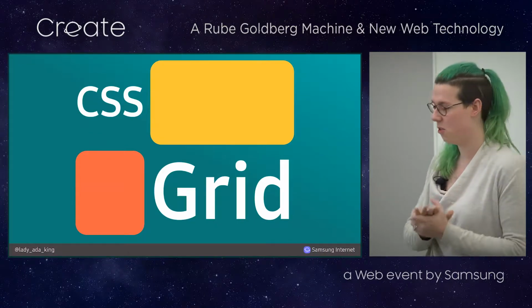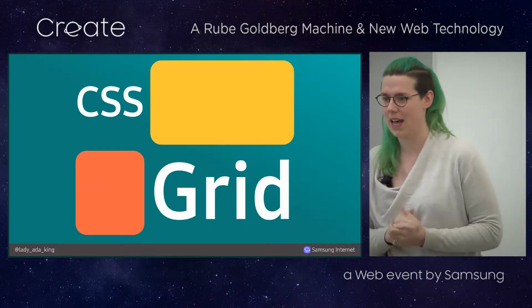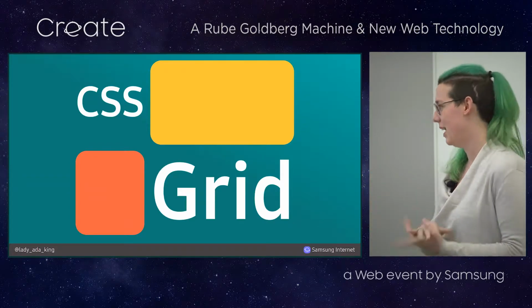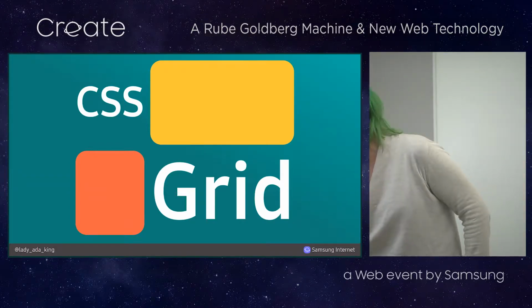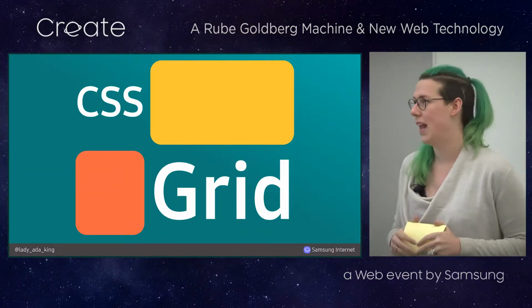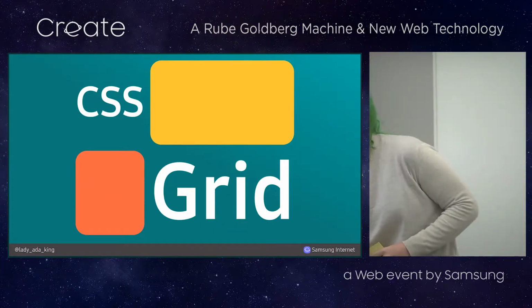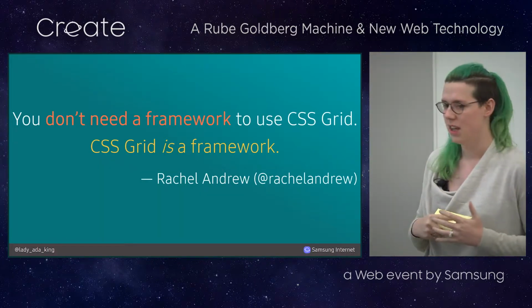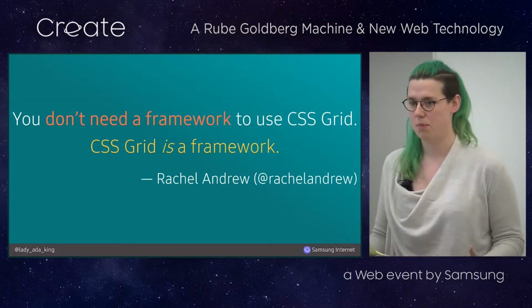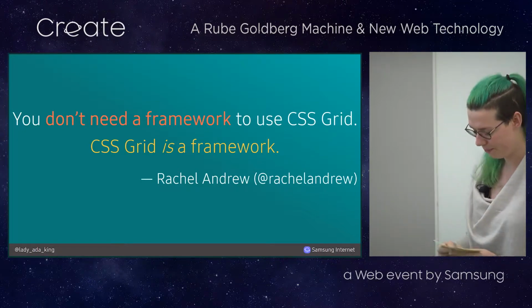So I'm going to begin with CSS Grid because it's the one where hopefully you're going to be more familiar with it. CSS Grid is a really, really powerful layout framework that's built into the browser. You don't really need anything additional to use it. You can just use it out of the box, and it's really powerful.